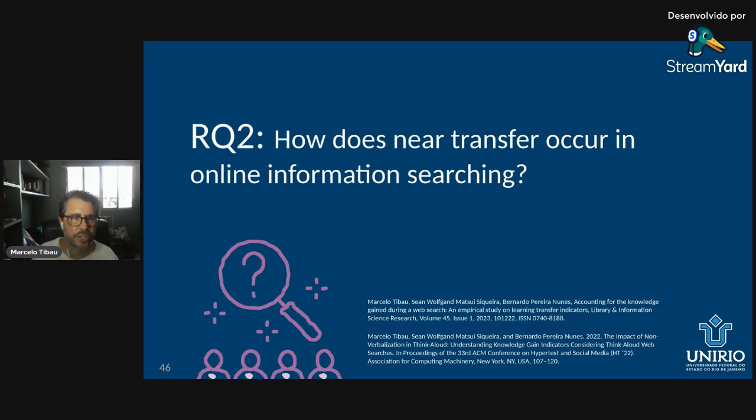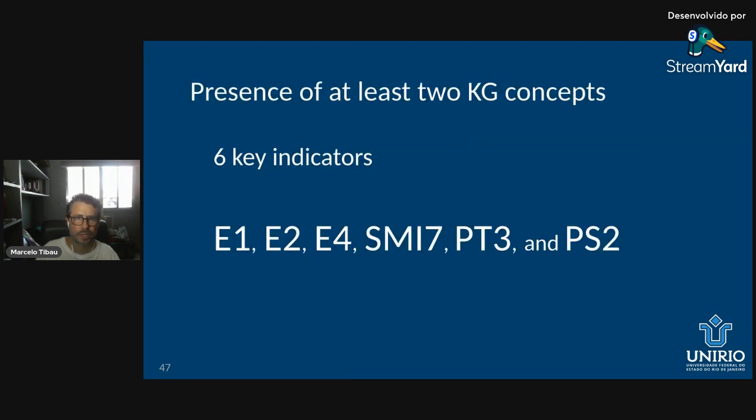The second research question concerned new transfer currency during the research session. Again, here are the studies in which I discussed this research question. Six from those 16 had presence of at least two knowledge gain concepts.